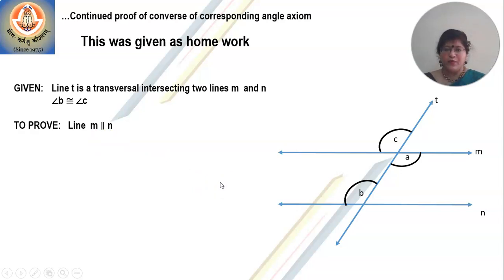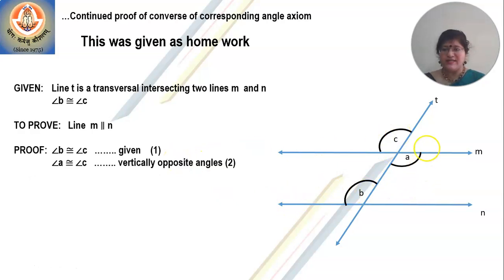So we begin with the proof. Angle B is congruent to angle C because it is already given. So you either take vertically opposite to C or you take vertically opposite to B. Now, when you compare statement 1 and 2, you realize that on the right hand side we have angle C, so it cancels.